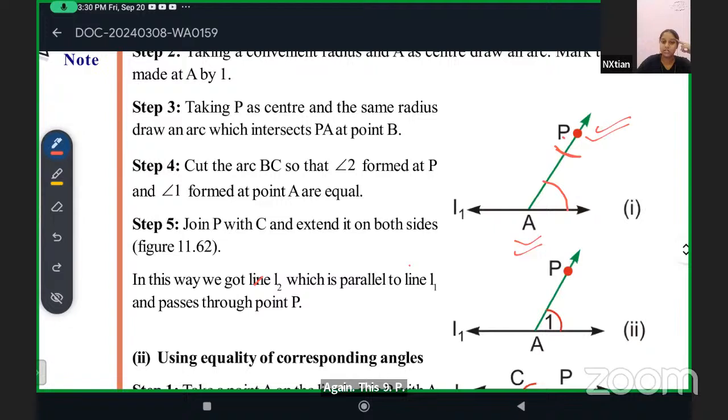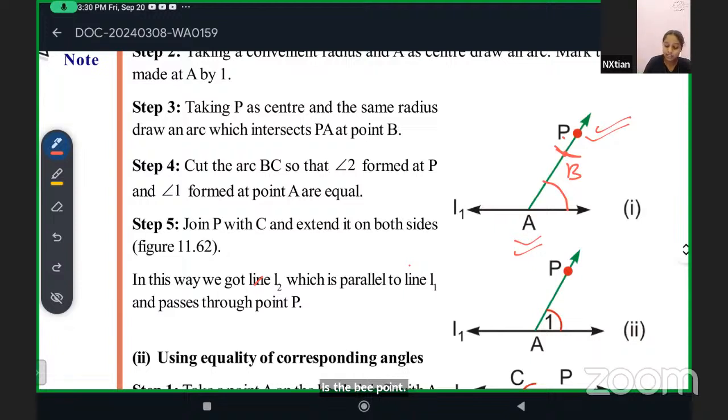Okay, ma'am. So another small arc cutting the line AP with P as the center. Mark this point B point. Okay, this point here is the B point.